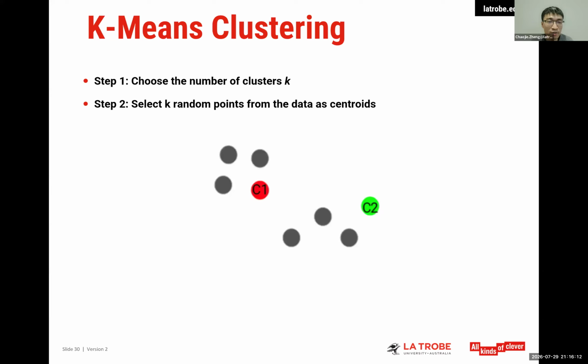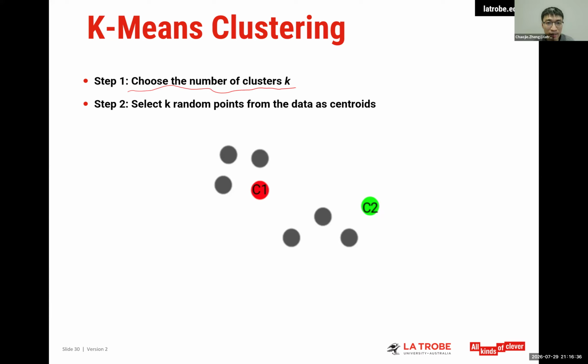Okay, let's get into the actual logic for this k-means clustering method. Let's see what it is doing step by step. In step one, we need to choose the number of clusters. This is specified at the beginning, right?